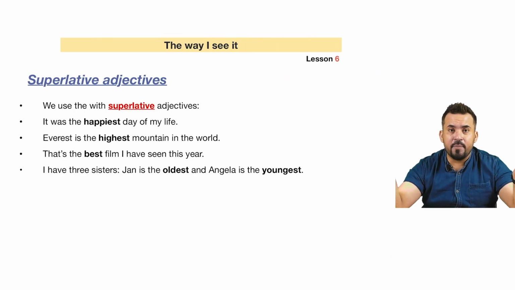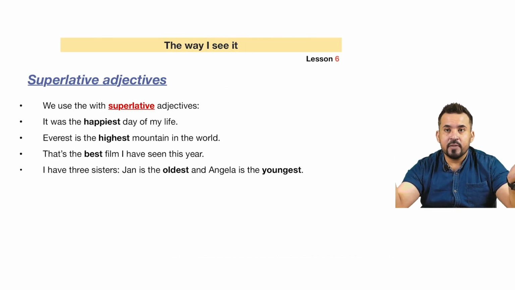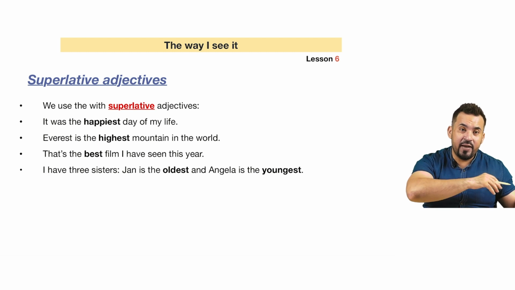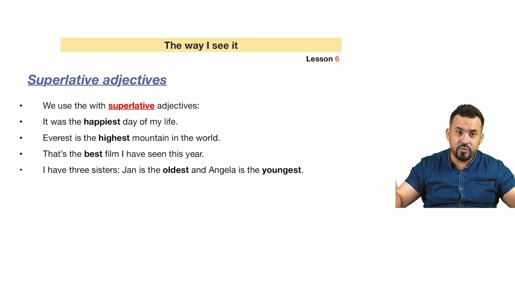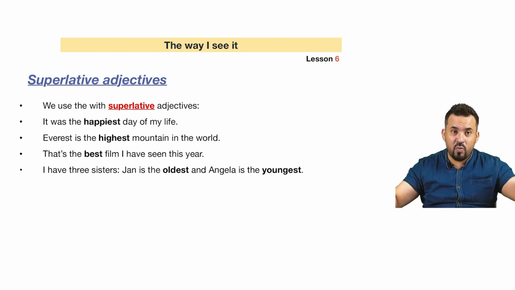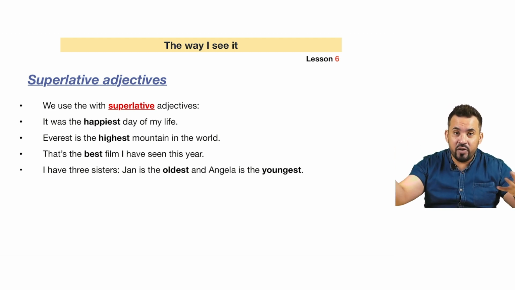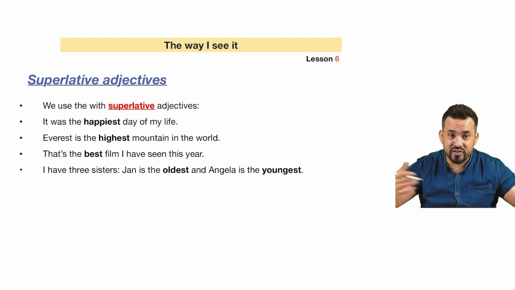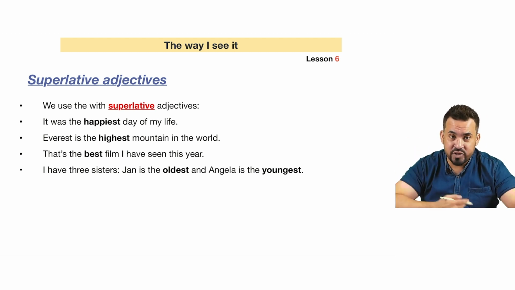Okay, now let's talk about superlative adjectives. We use the with the superlative adjectives. We said with the comparative adjectives we only use the to show that one thing and another thing are dependent on each other, or there is a relation. But for superlative adjectives, you always use the.